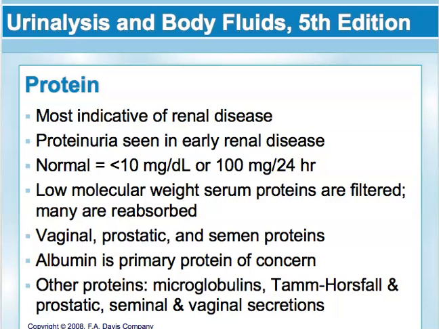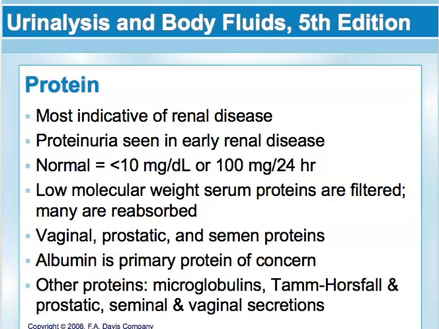Mostly the proteins that you would find in urine are going to be low molecular weight serum proteins that have been filtered by the glomerulus, and proteins produced in the genitourinary tract. Albumin is the major serum protein found in normal urine, and although it is found in high concentrations in the plasma, most of the filtered albumin is reabsorbed by the tubules, so urine concentrations are usually very low.